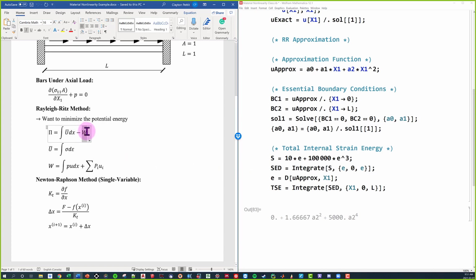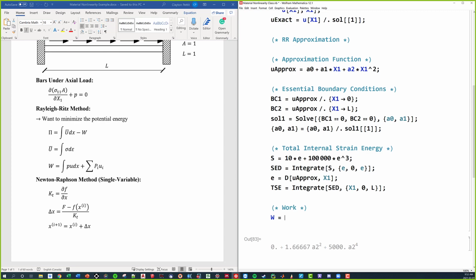But now we also need the work done on the system. So I'm going to come down here and put work. Now we know that W is going to be what? Do you guys remember how to find the work done on a system? Who remembers? No one?